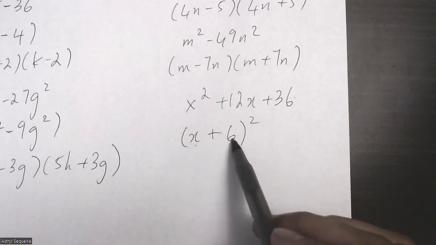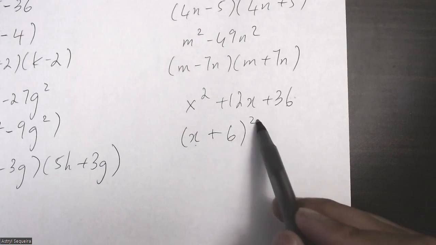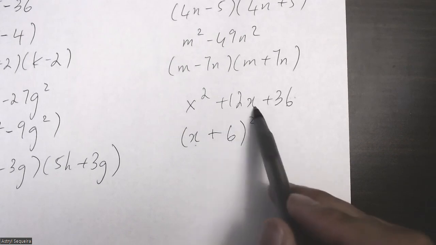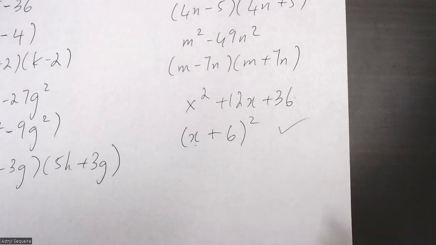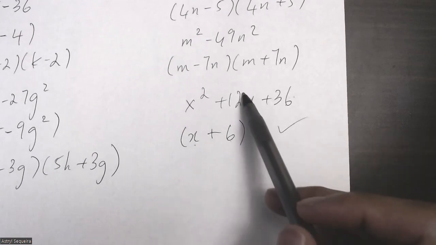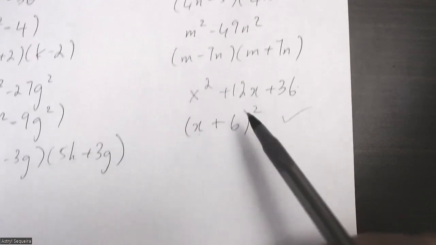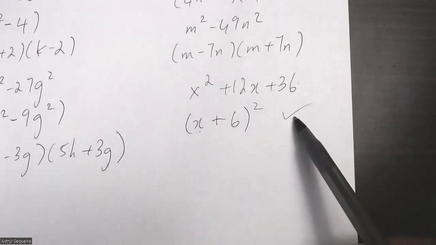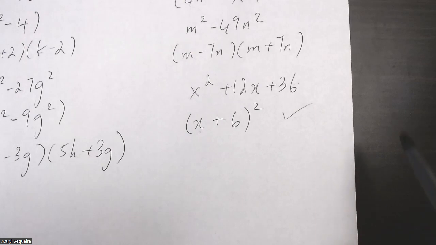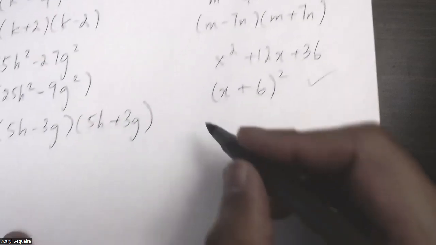So x times 6 is 6x, and 6x times 2 is 12x. If that is your middle term, then perfect square is allowed. If it's not your middle term, you should actually do the man method because the answer is different. But if you did the man method here, you would get x plus 6 times x plus 6, which is basically x plus 6 squared.